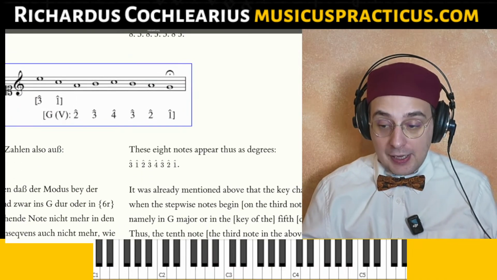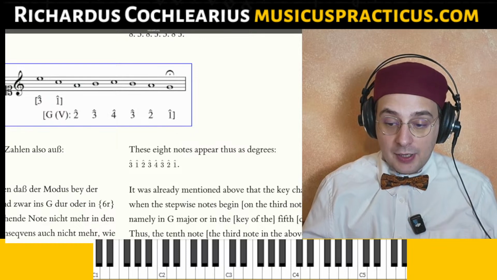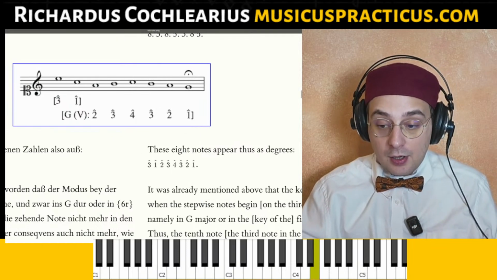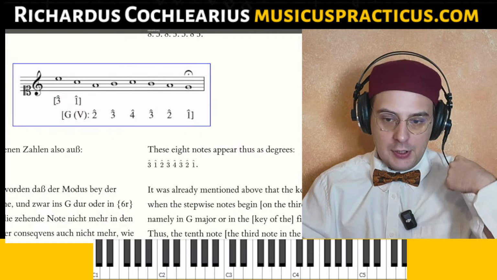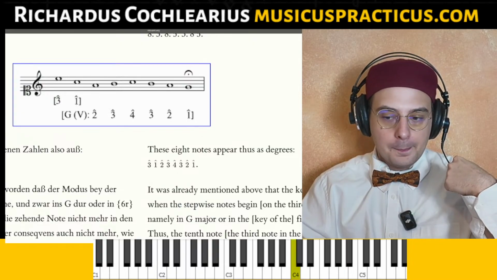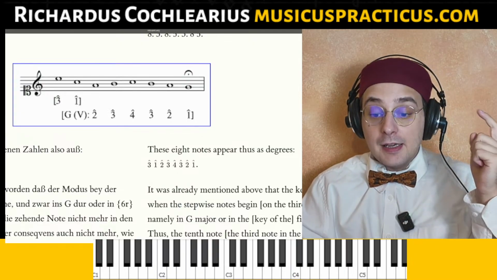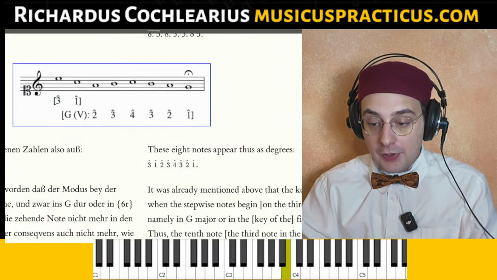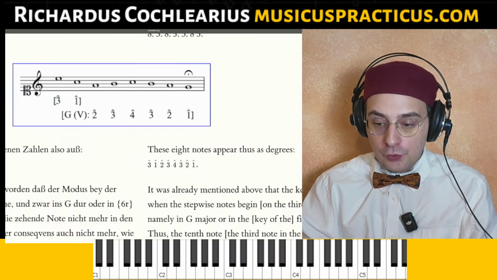These 8 notes appear thus as degree 3, 1 in C major, then 2 in G major, 3, 4, 3, 2, 1.